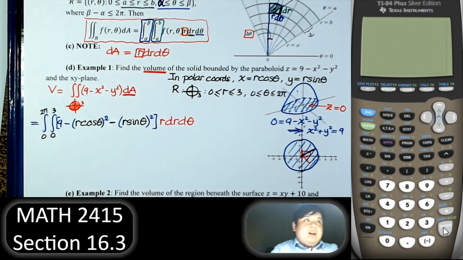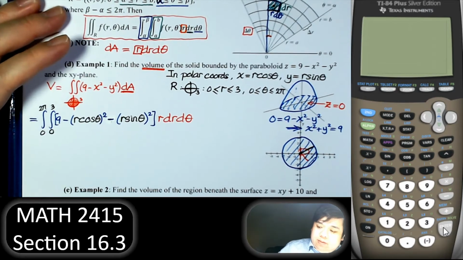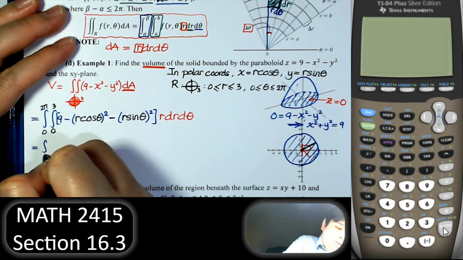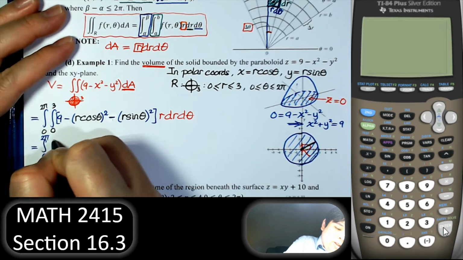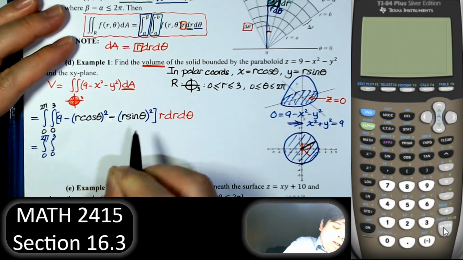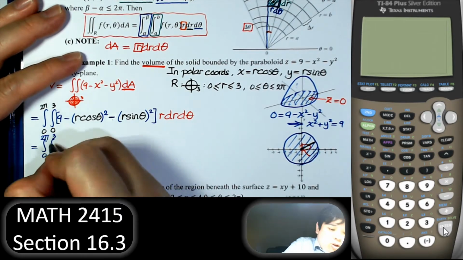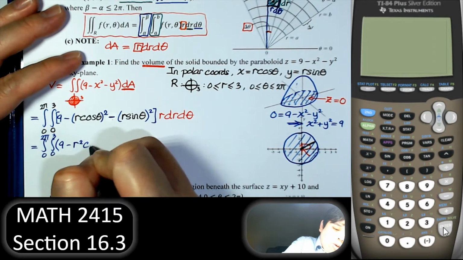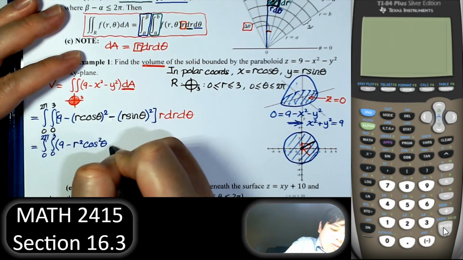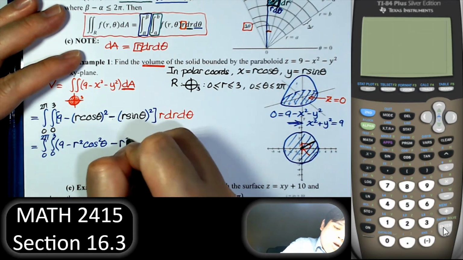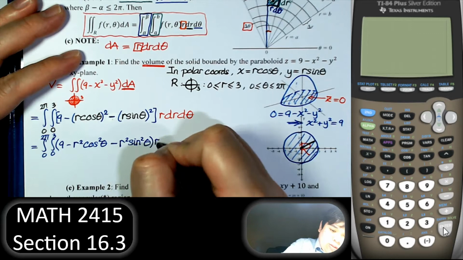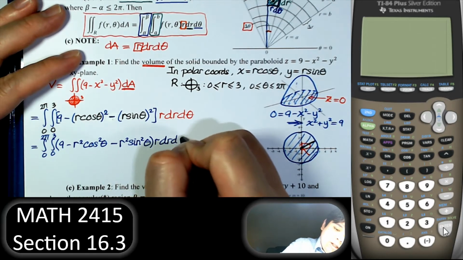Let's try to simplify this. That will give us 9 minus r squared cosine squared theta minus r squared sine squared theta, times r dr d theta.